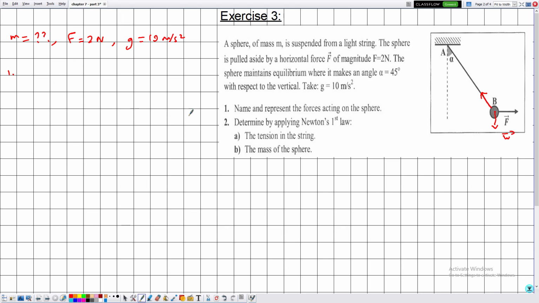Now in number 1, they are telling me to name and represent the forces acting on the sphere. As it seems from part 2, we are interested in applying Newton's second law, so let me write on the scratch the different steps regarding this law. Step number 1 is to list the forces.